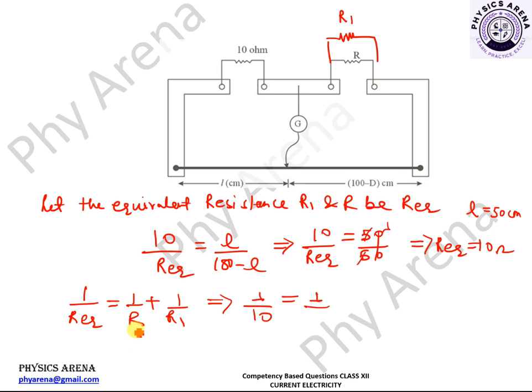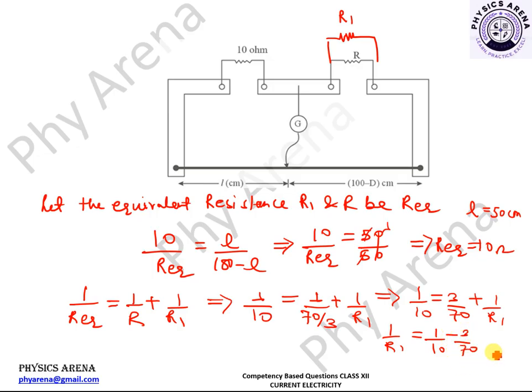So in place of R, we can write 70 by 3 plus 1 upon R1. This will give us 1 upon 10 is equal to 3 by 70 plus 1 upon R1. When we solve this, 1 upon R1 will be equal to 1 upon 10 minus 3 upon 70, and 70 is the LCM, so 7 minus 3 will be in the numerator.